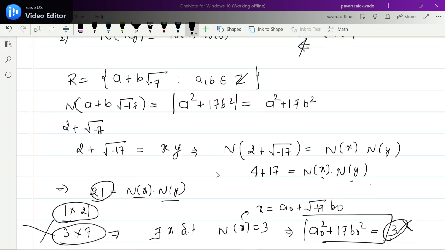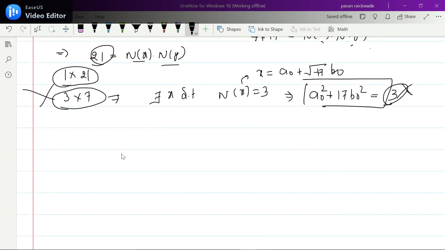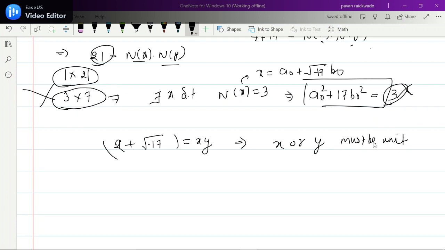So we have only the other possibility, which implies the norm of x or y must be equal to 1. One of these elements must have norm 1, and we know that the norm is 1 if and only if the element is a unit. So what we arrived at is, whenever you write 2 plus square root of minus 17 as a product of two elements, x or y must be a unit.